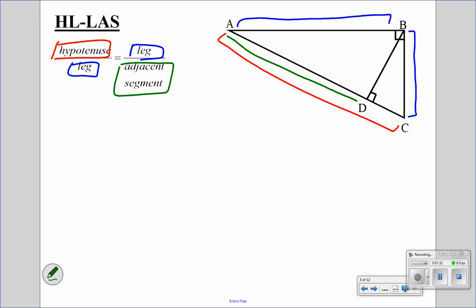If we used BC as our leg, our adjacent segment would be DC. Once again, because AB is next to AD and BC is next to CD. When we use the leg, we're only going to use one leg at a time. So if I use AC right here, I'm going to use AB right here.